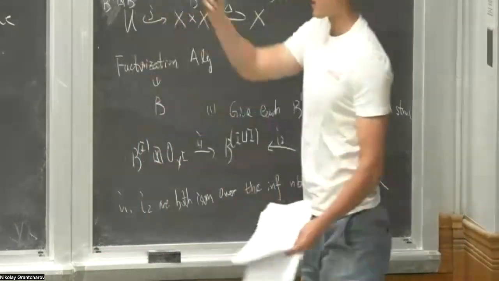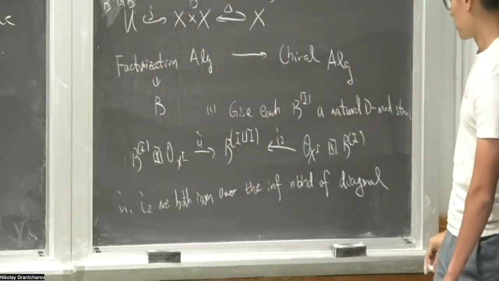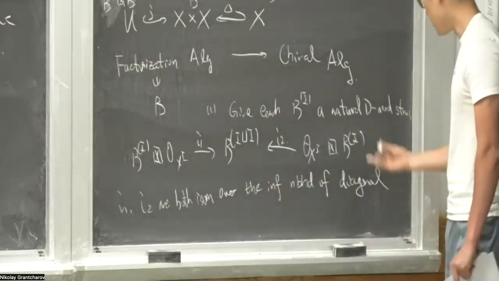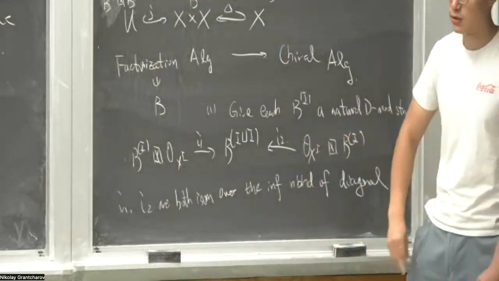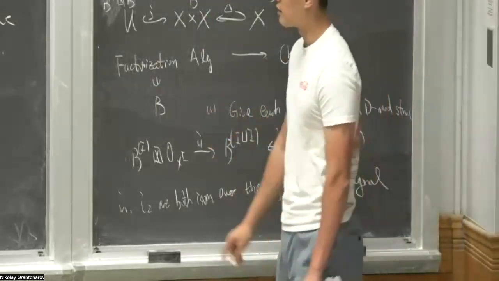Well, in this case X is smooth, so the diagonal is a regular embedding. To show it's an isomorphism over the infinitesimal neighborhood of the diagonal, you just need to show it's an isomorphism on the diagonal, because you already have a map. And that is obvious by our units.